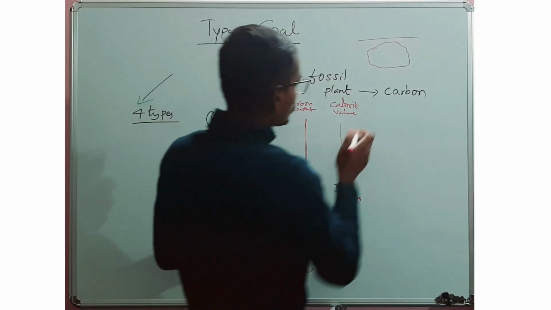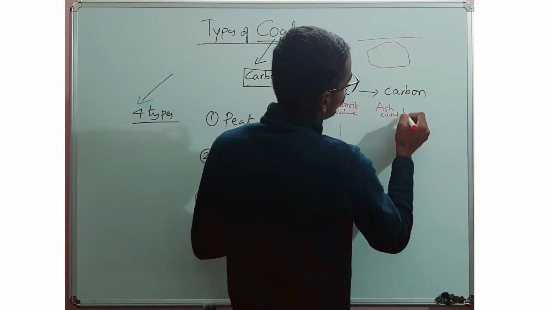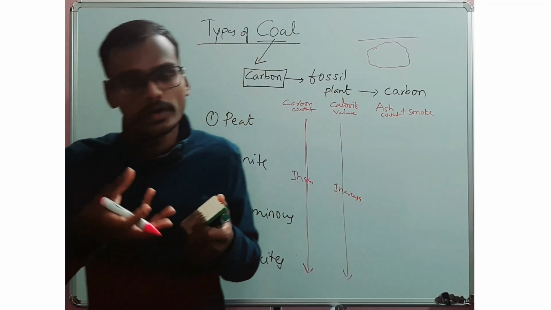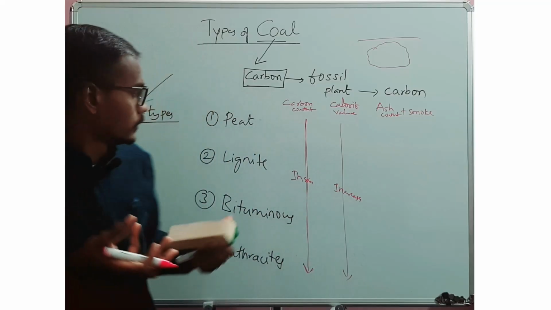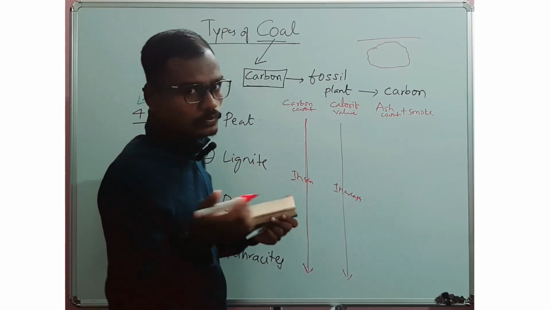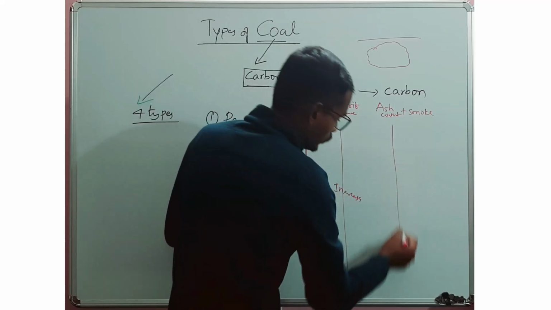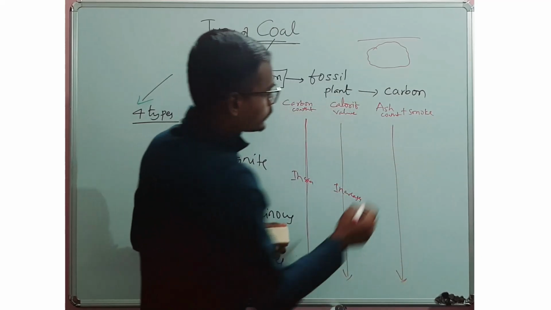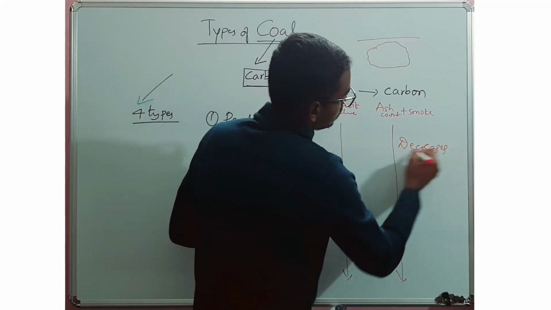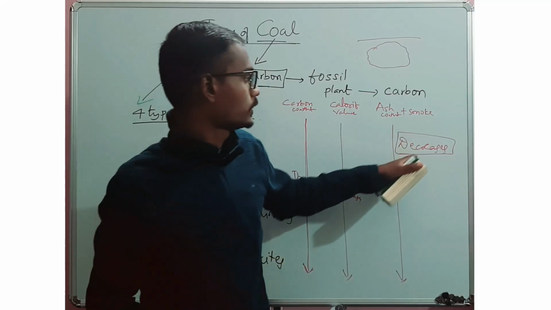Then another factor: ash content and smoke. Smoke means the smoke we get while burning the particular coal type. The ash content does not increase, it decreases as we go down till anthracite. Be aware while writing here, the ash content decreases.